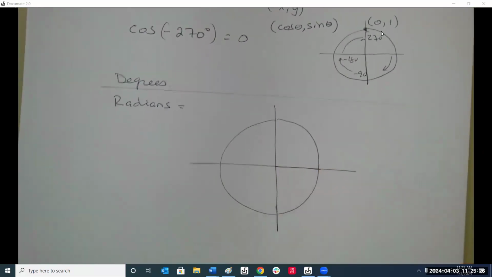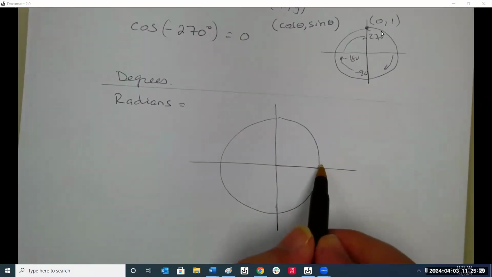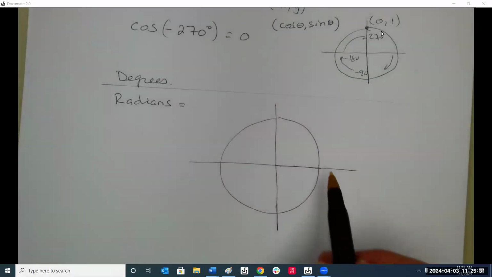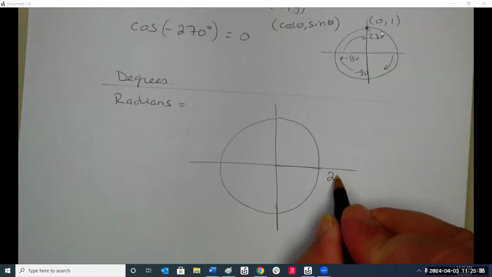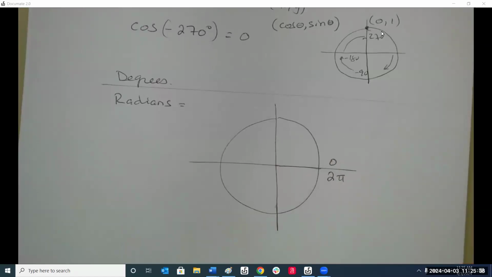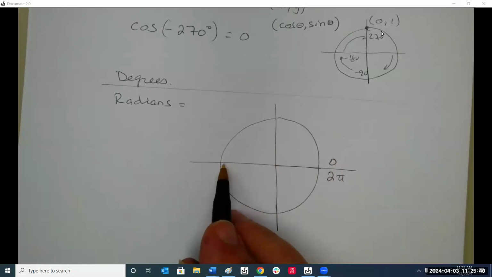Again, this is 0. How far is it around an entire circle? How many pi? This is the same thing as 2 pi. It's also the same as 0. So halfway through that would be what?